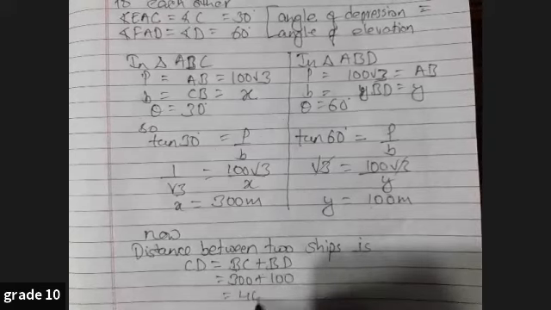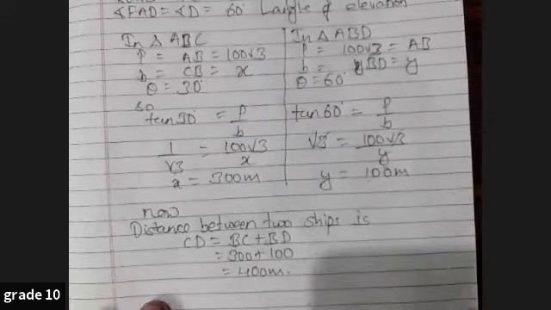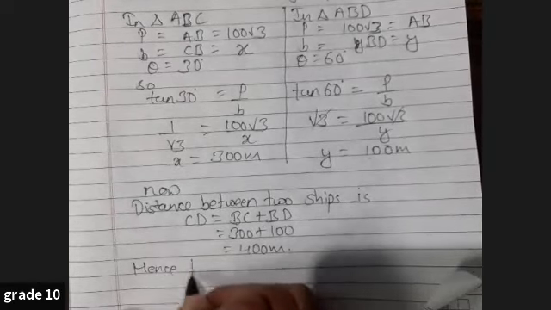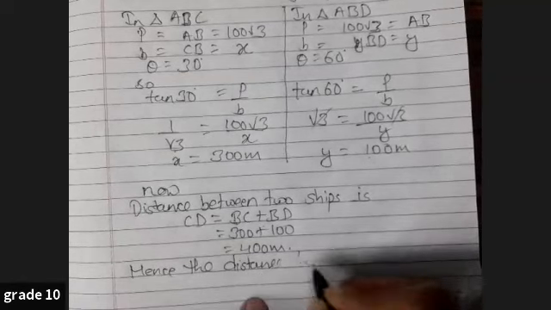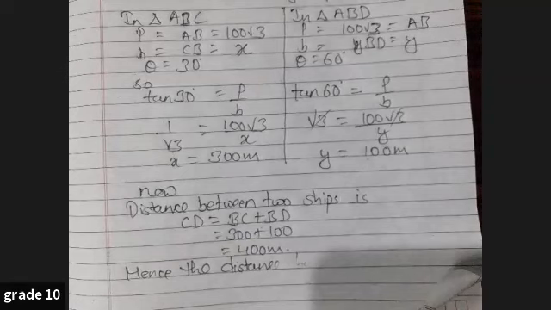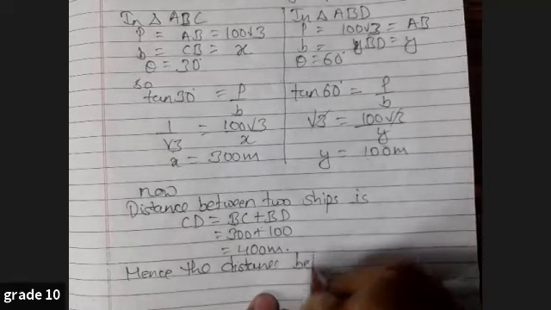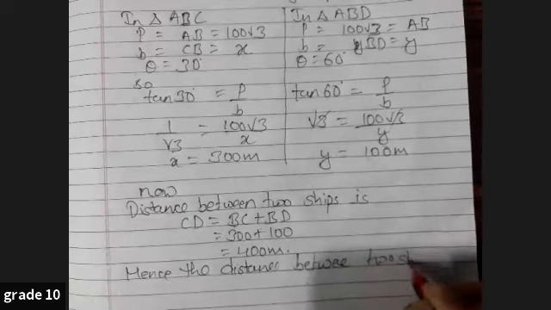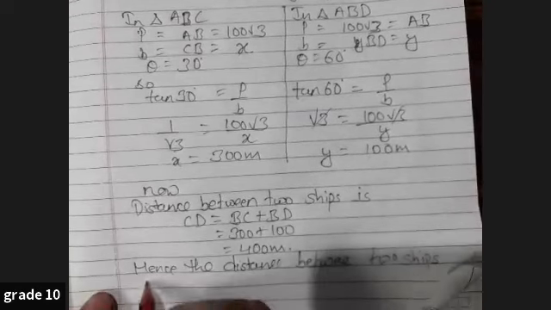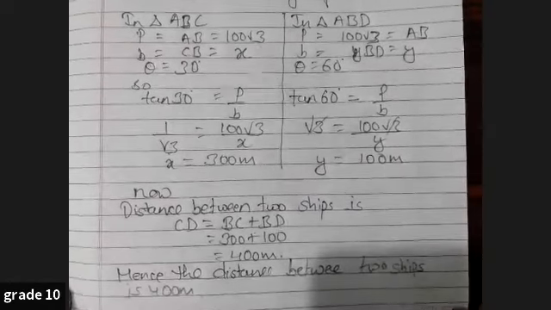So the total is 400 meter. Hence the distance between the two ships is 400 meter. This is the way we solve the problem.